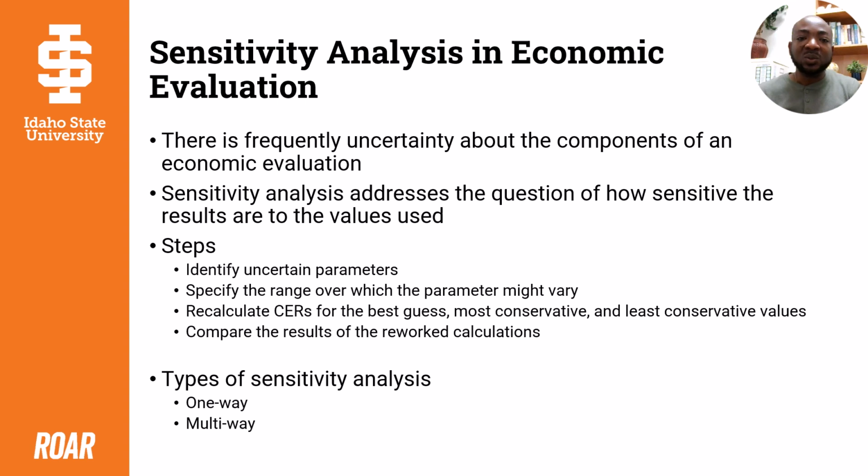If there is no change or very little change in the results of the economic evaluation, then you can be quite confident that despite uncertainty around your parameters, study results can be considered robust. However, as there is no guidance to what variation in results is acceptable, true robustness is very much open to interpretation. Sensitivity analysis can be either one-way or multi-way.